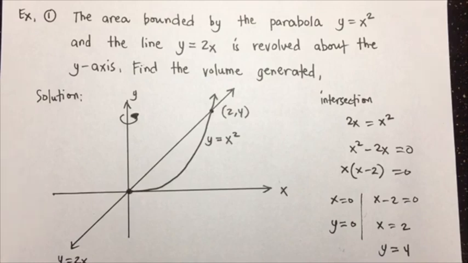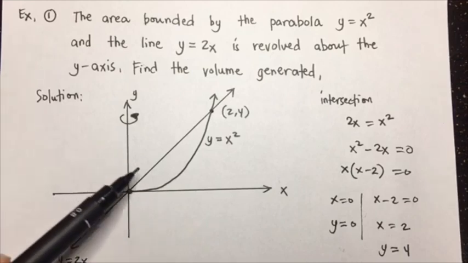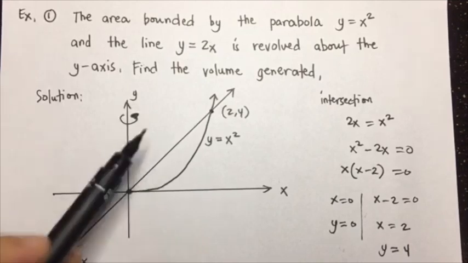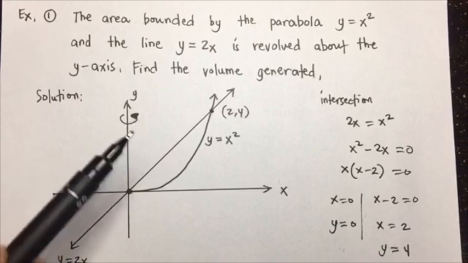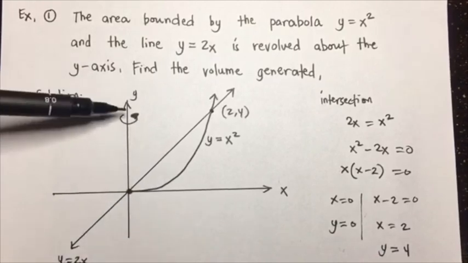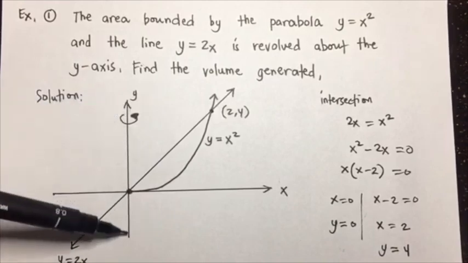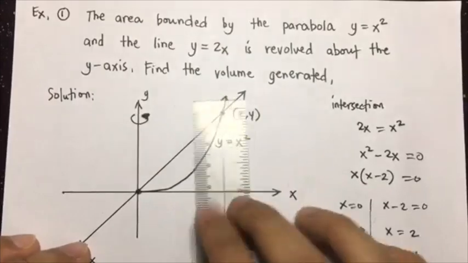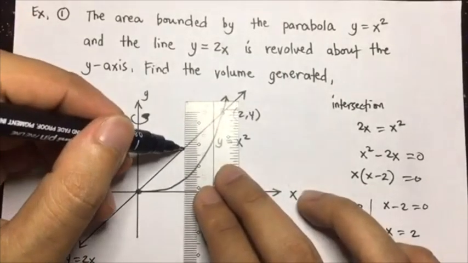First let us solve this using the method for this video. So let's use the cylindrical shell method. In the cylindrical shell method, again, you remember that the strip should be parallel to the axis of revolution. Since our axis of revolution is vertical, our strip must also be vertical.